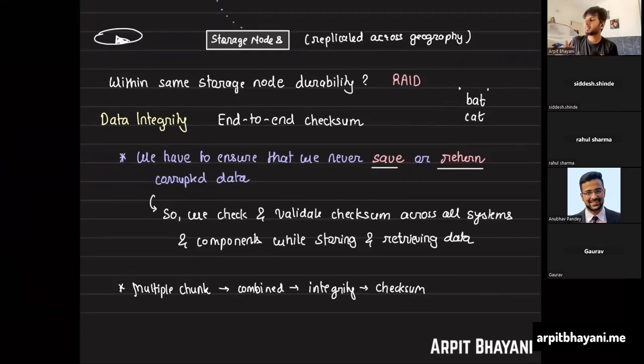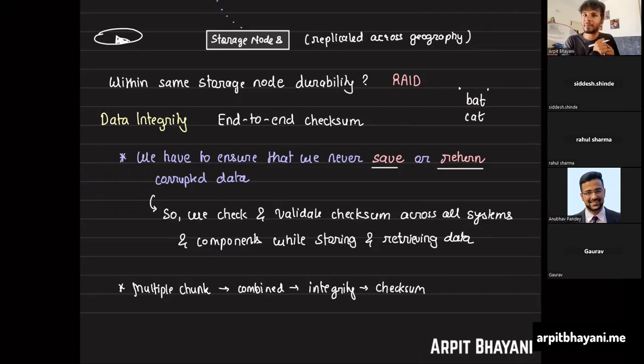Now this is something that no one talks about for some reason, but integrity of data is very important. Now imagine you're writing a file from your user space onto S3, and the content of the file is BAT, right? But when you are writing over the network, a bit flipped.